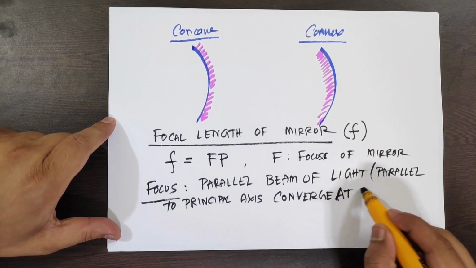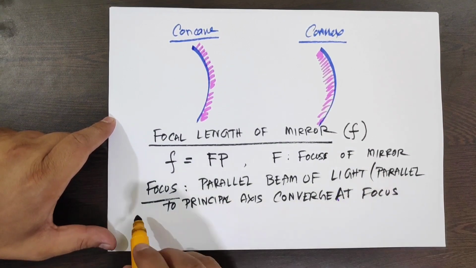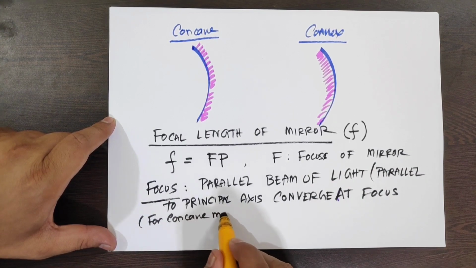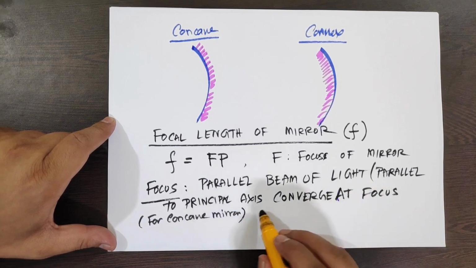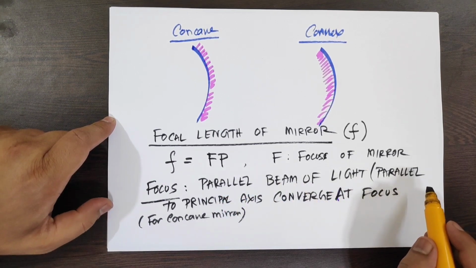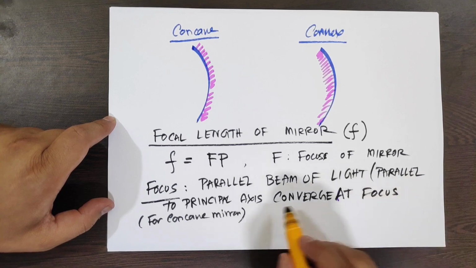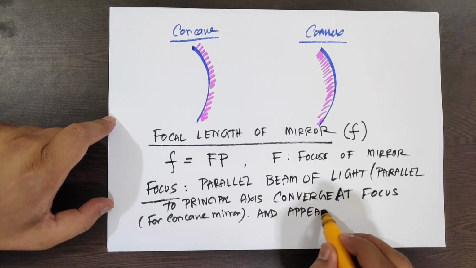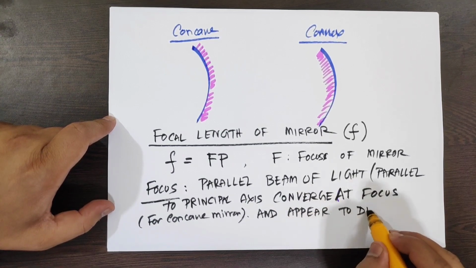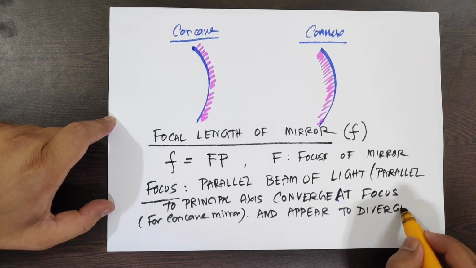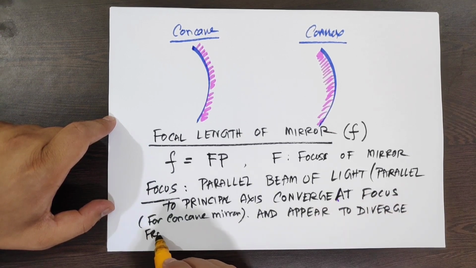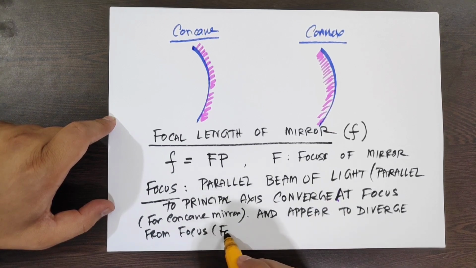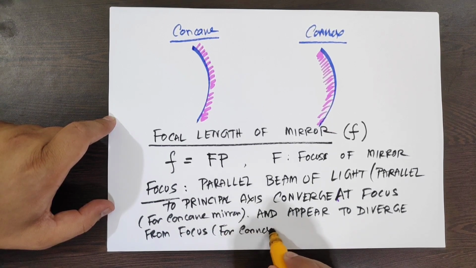A parallel beam of light parallel to the principal axis converges at the focus for the concave mirror, and appears to diverge from the focus for the convex mirror.